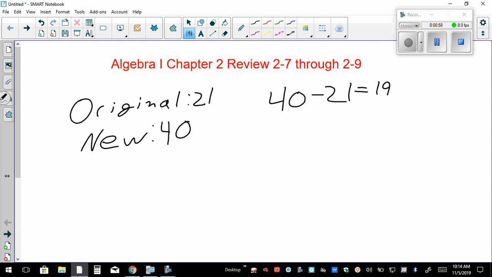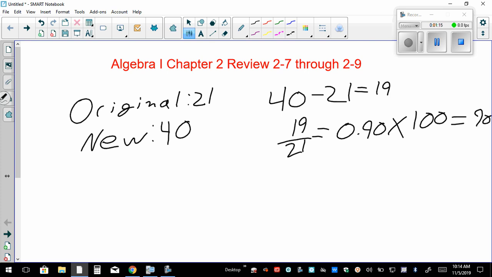Then we divide 19 by 21 and get 0.90. To turn that into a percentage, we multiply by 100, and that equals 90. So 90%, and it is increasing.